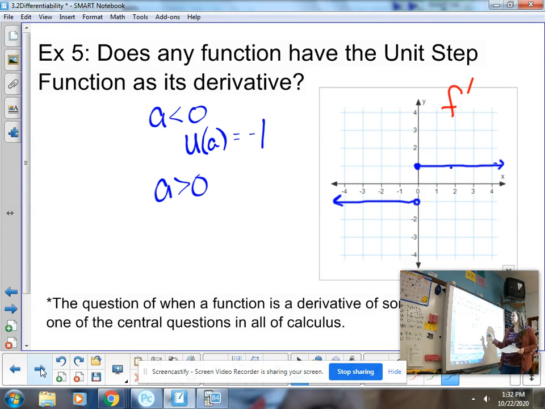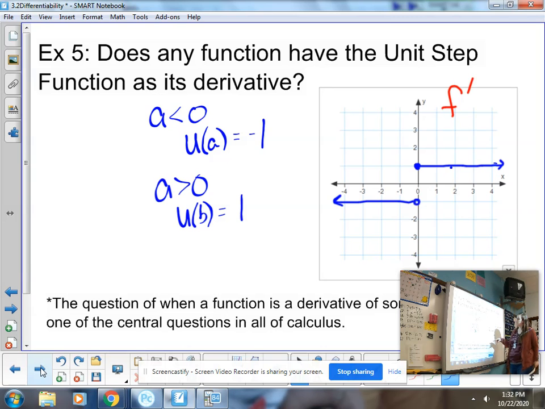If you have some value that's greater than 0, you're going to get back +1. There is no way to get anything in between -1 and +1, which means it does not fit the intermediate value theorem, so it can't be a derivative, because that property has to exist.